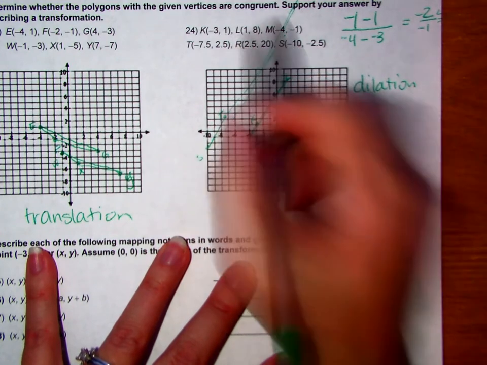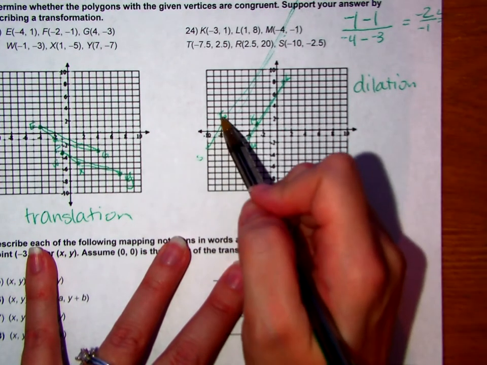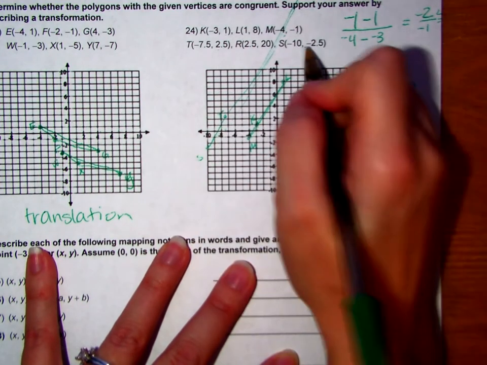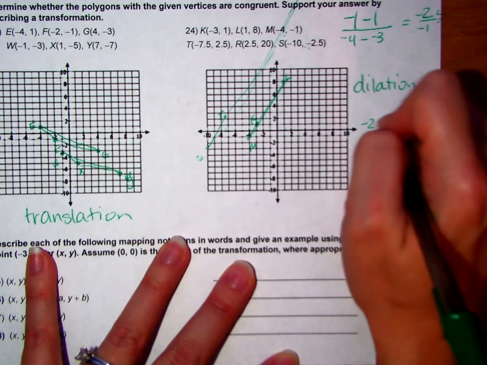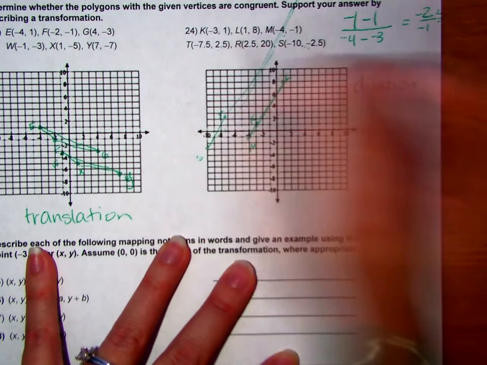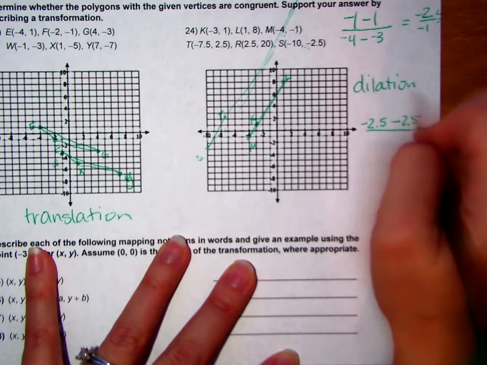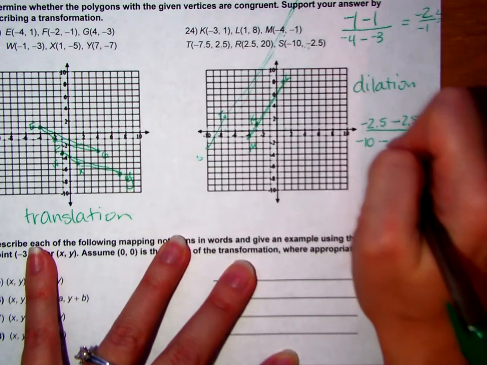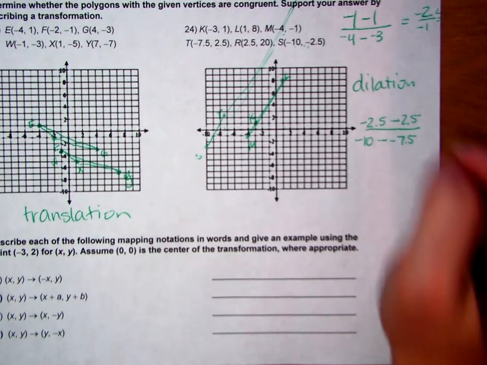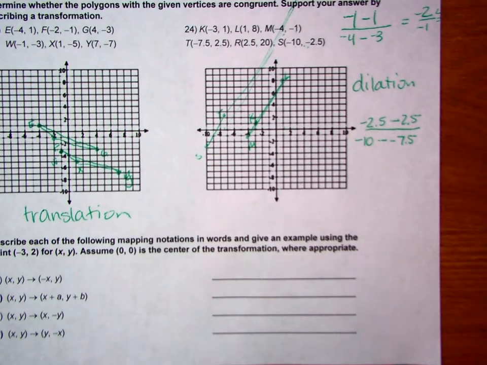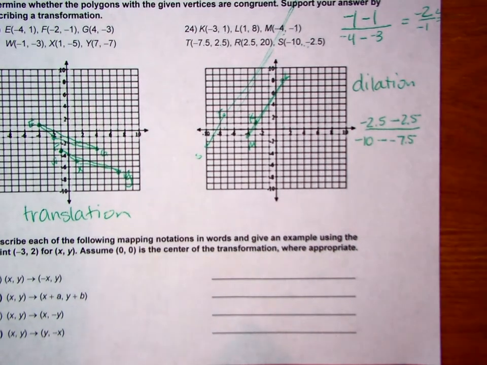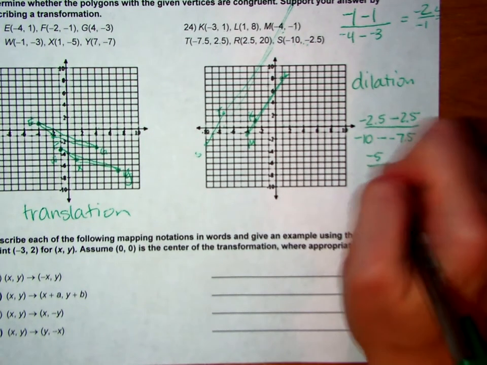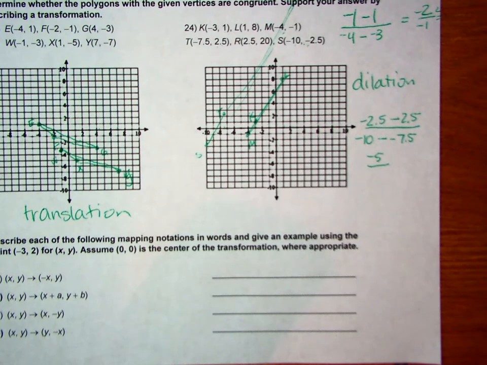Now, let's check it to this ST. Here's ST. So here we've got negative 2.5, y2, minus my y1, 2.5, over my x2, negative 10, minus my x1, so negative 7.5. When we have negative 2.5 minus 2.5, I'm going to get negative 5 on the top, over negative 10 minus a negative, which really means plus.